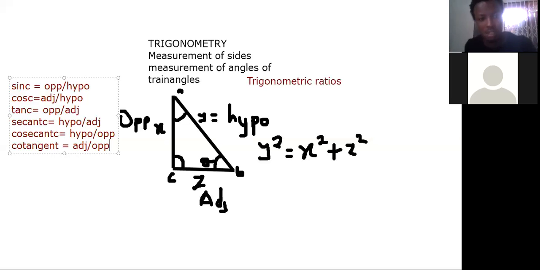So you mean that the secant and the cosecant were gotten from the sine and the tangent? Yes, the three new ones we've added were all gotten from these.